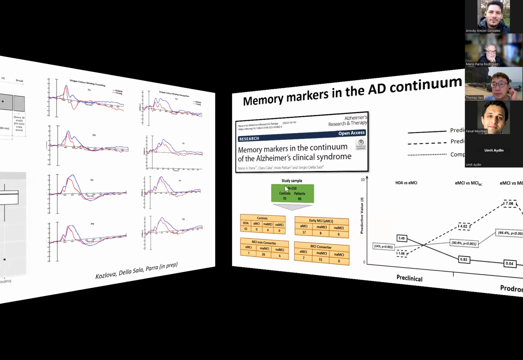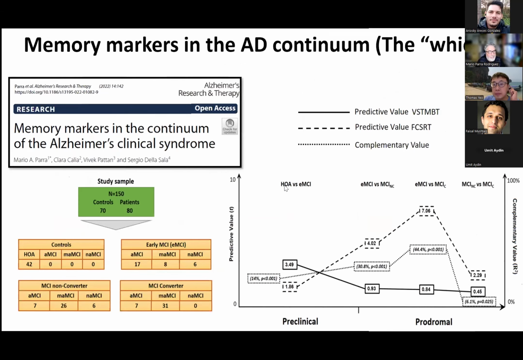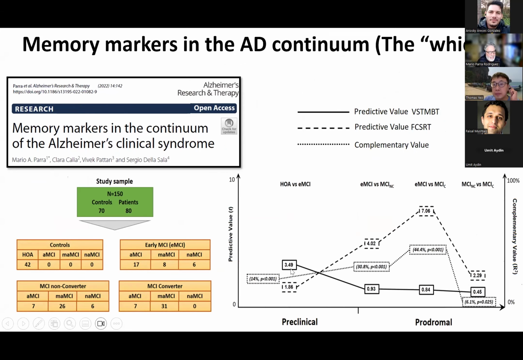And we have now seen that this same task is pretty good at predicting who among the older people can progress to the early stages of Alzheimer's disease. So we call the very early MCI stages.